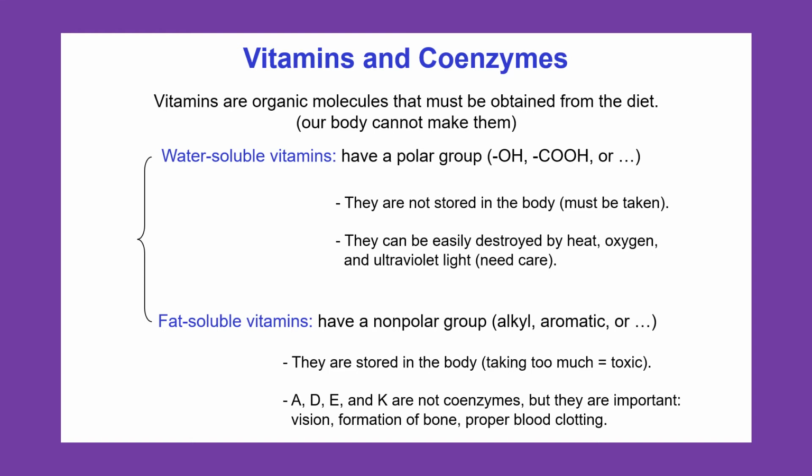Fat-soluble vitamins have nonpolar groups which make them soluble in the fat or lipid components of the body such as fat deposits and in cell membranes. The fat-soluble vitamins A, D, E, and K are not involved as coenzymes, but they are important in many processes such as vision, formation of bone, protection from oxidation, and proper blood clotting.